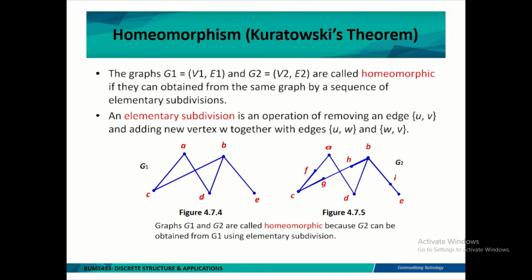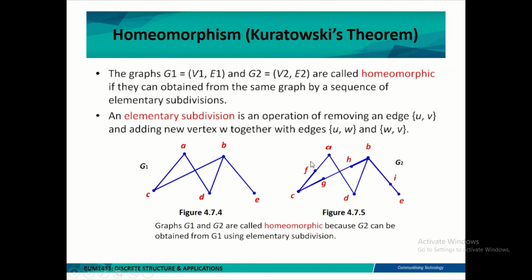That's it. It's simple as that. Alright, so let's see, we have the graph G1 here and we have the graph G2 here in the figure 4.7.5. In the graph G1, we see the edge AC. In the graph G2, we have the edge AC here, but it has an additional vertex, which is F, right?